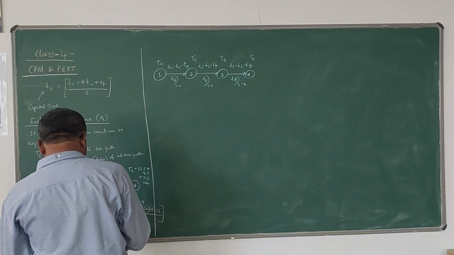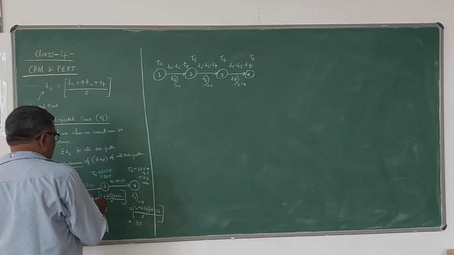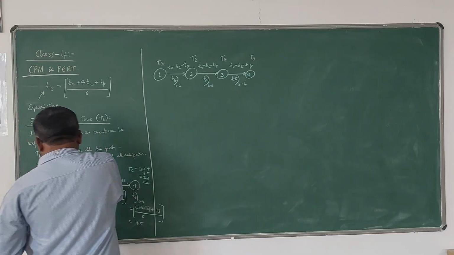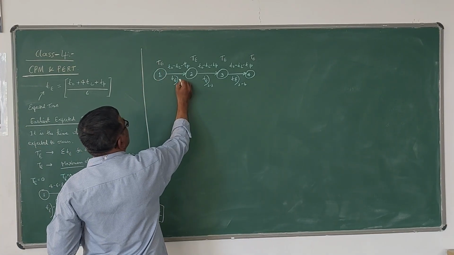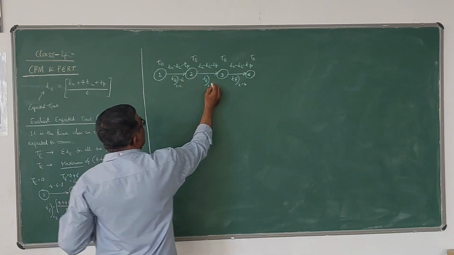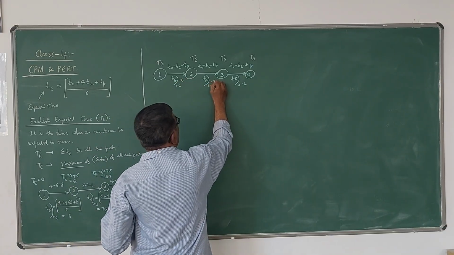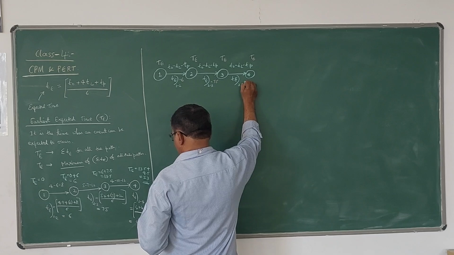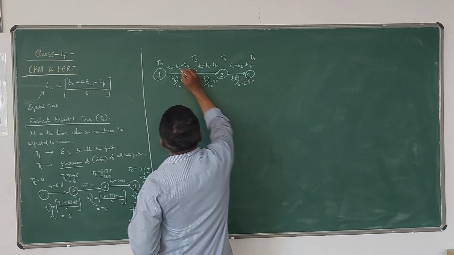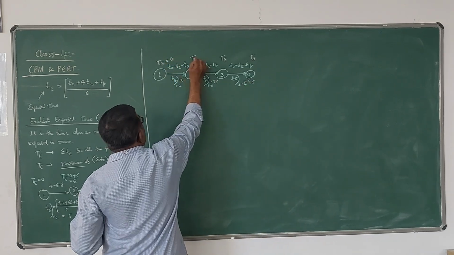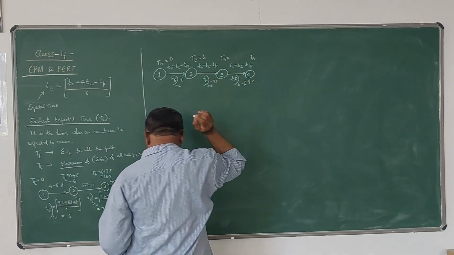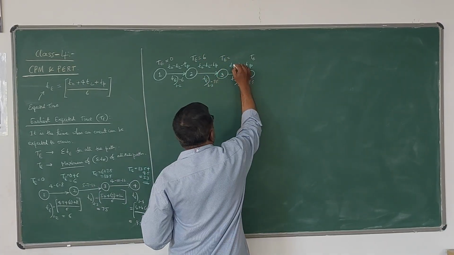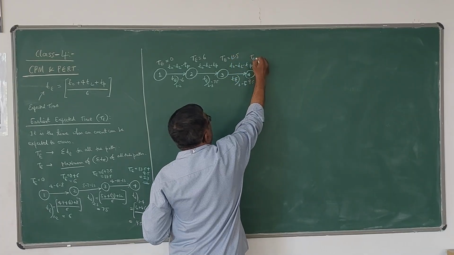Now if we take this example, it is written like this. Here t is equal to 6, here t is equal to 7.5, here t is equal to 9.5, here T is 0, here it is 6, here it is 13.5, here it is 20.